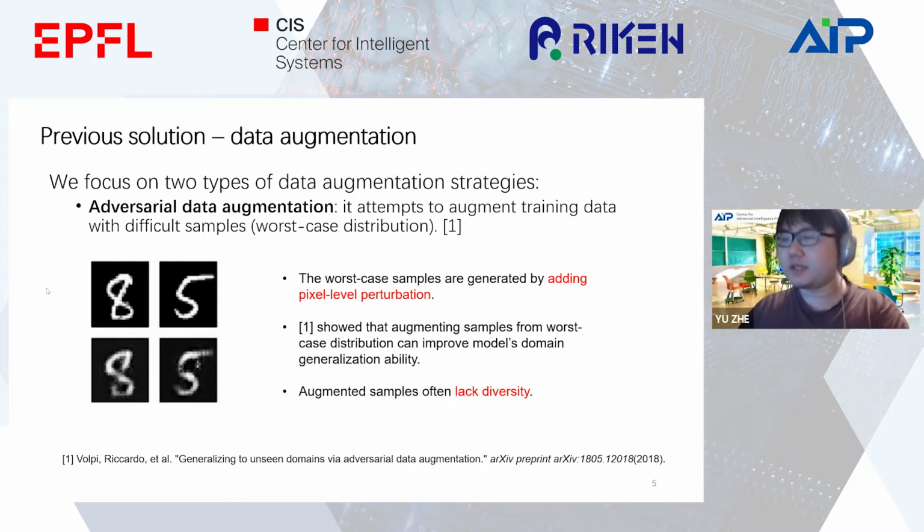The first row is the original training data. The second row is the training data generated by the pixel-level adversarial attack. We can see there is no significant difference between the first row and the second row.